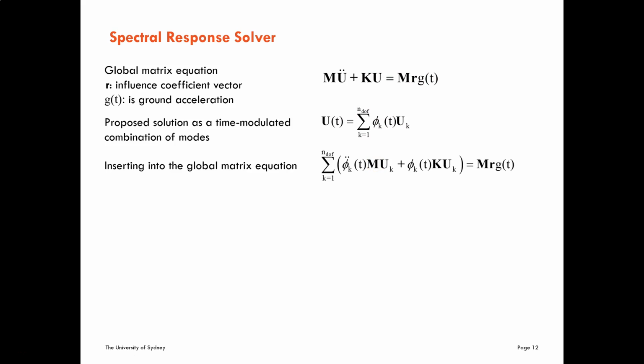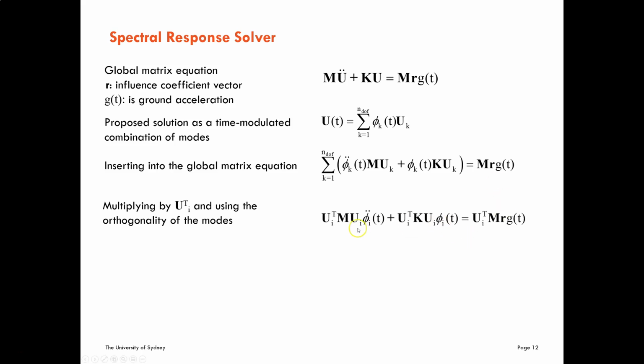So I get this equation that I can simplify by multiplying by one of the modes, the i-th mode transpose. Due to the orthogonality properties, this is reduced to n equations, where n is the degrees of freedom.